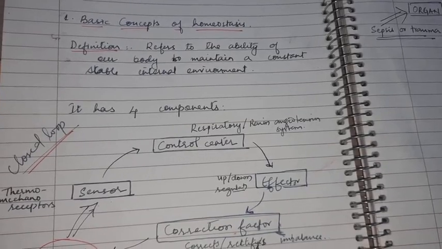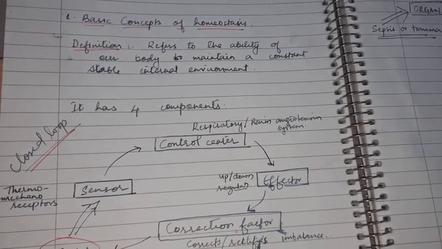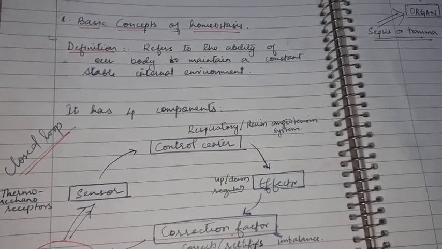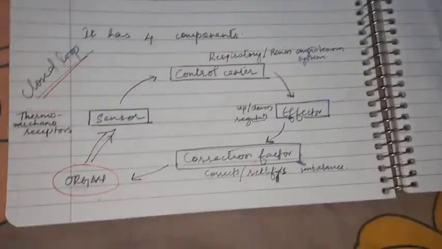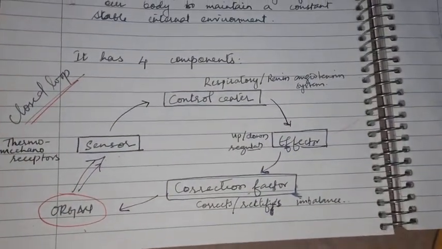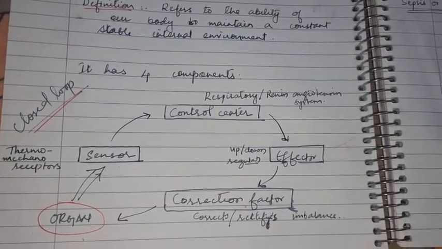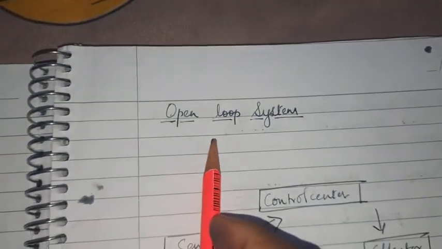So the basic concepts of homeostasis refers to the ability of our own body to maintain those physiological constraints, internal environment, in a stable format. Okay, now it has four components. These four components can be elaborated as a closed loop or an open loop system.